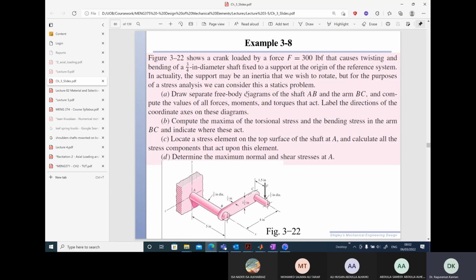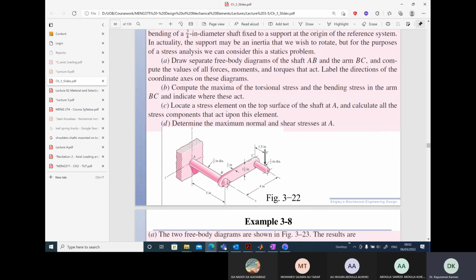Draw a separate free body diagram of the shaft AB and the arm BC. You can see that there is some difference in the cross section. The arm BC is rectangular in cross section, the shaft AB is circular. Compute the values of the forces, moments, and torques that act on each of these components. Label the directions of the coordinate axes on these diagrams.